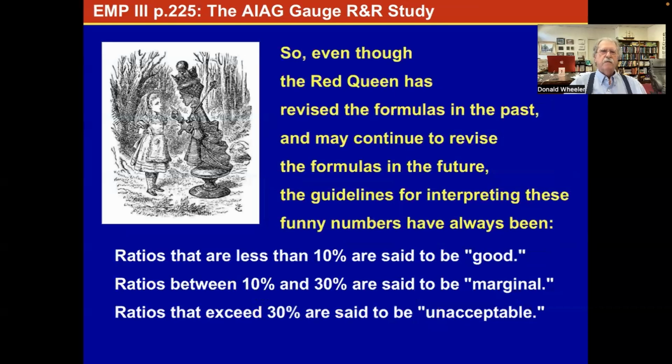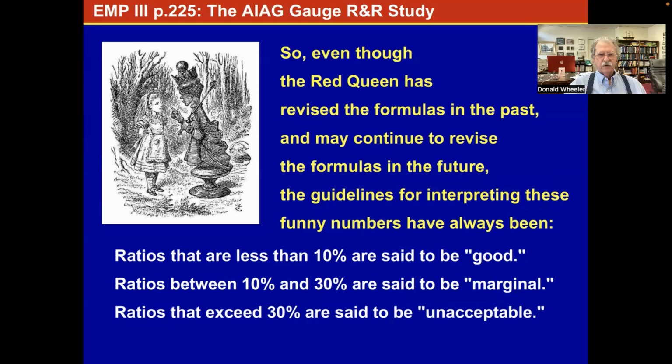So even though the Red Queen has revised the formulas in the past, and may continue to revise the formulas in the future, the guidelines for interpreting these funny numbers have always been: ratios less than 10% are said to be good. Ratios between 10 and 30% are marginal.